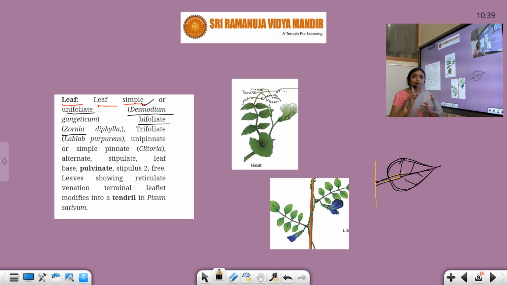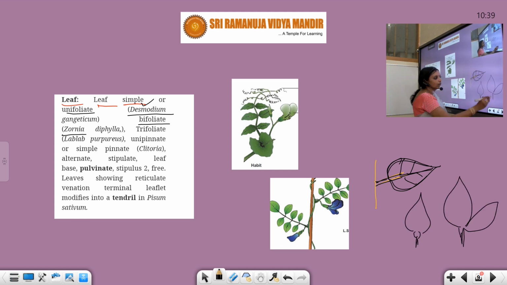If I say unifoliate, it means one leaf is there, a single leaf. When I say bifoliate, it means two leaves are joined here. And trifoliate in some bean plants, Dolichos we see. So three leaves are joining here at the same point.